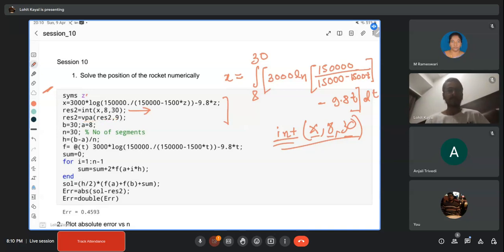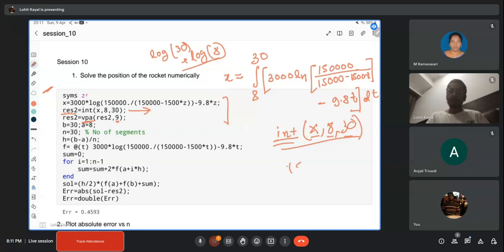I have already discussed it in the past class. So here in the result, res2, it will give you some function like log of, suppose, 30 plus log of 8, something like that. Now if you want a numerical value out of it, you use VPA. And here 9 indicates the number of significant digits that I want in my expression. Okay, I want 9 significant digits.